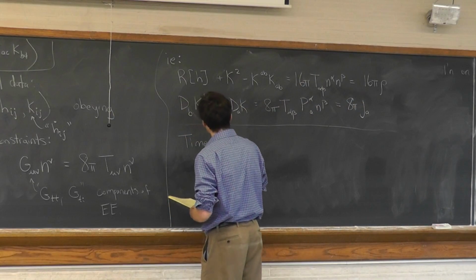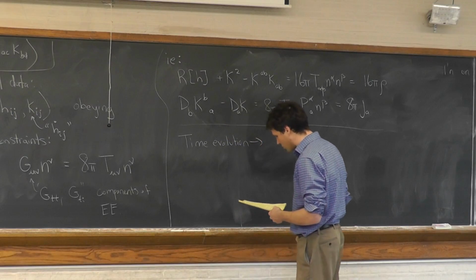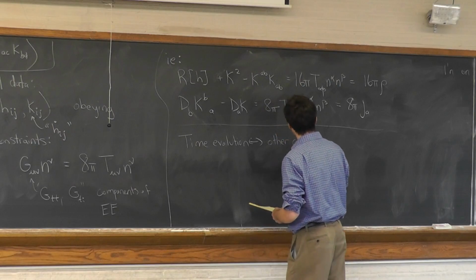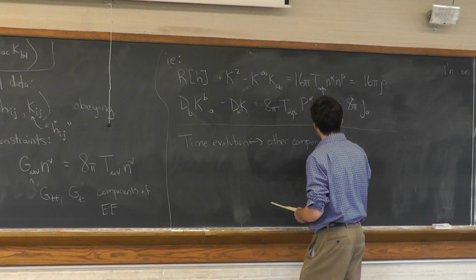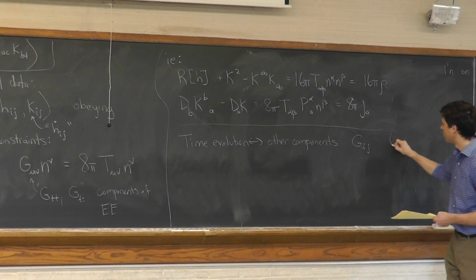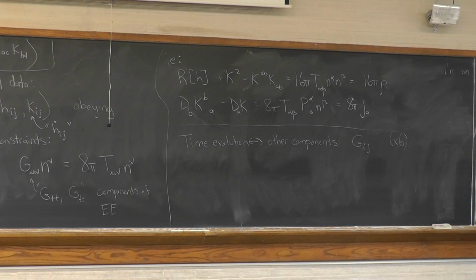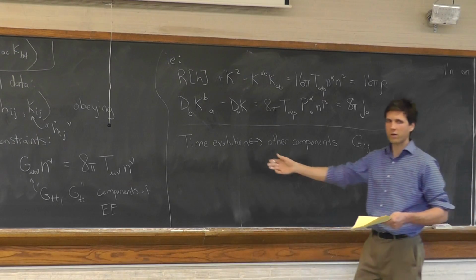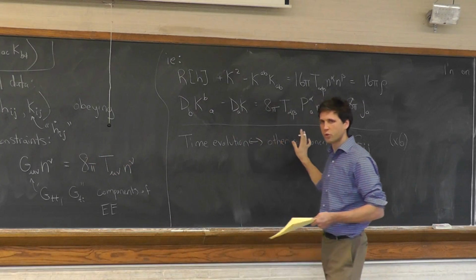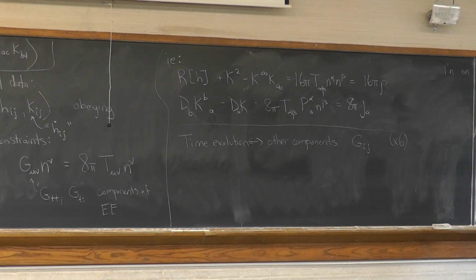Then the time evolution corresponds to the other components of the Einstein equations, the space-space components. So in 4D there are 4 constraint equations on the initial data, and then 6 evolution equations that tell you how that initial data evolves with time.